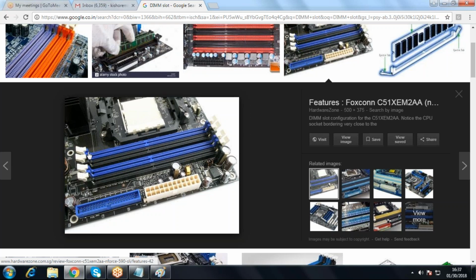So in this picture example, either you should have 2 RAMs or 4 RAMs to get maximum performance, and they should be of same capacity and same speed. Okay.